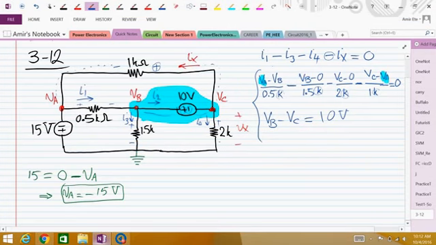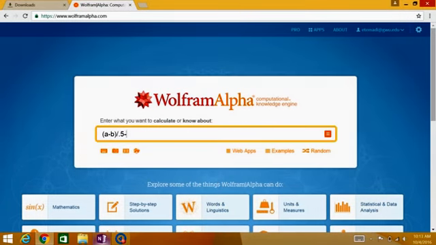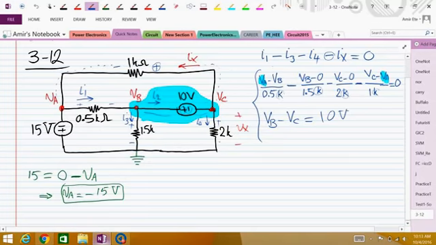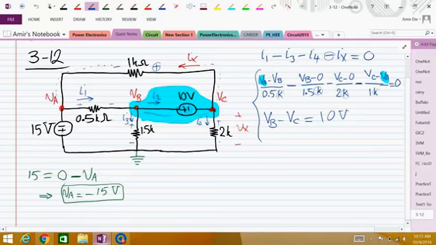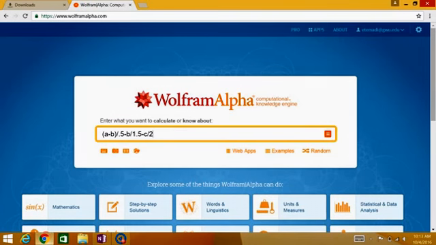So VA minus VB over 0.5, minus VB over 1.5, minus VC over 2, minus parentheses VC minus VA, over 1, equals 0.